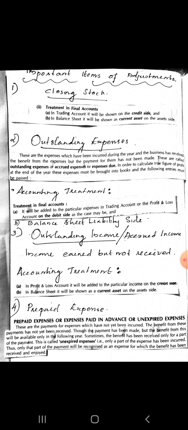Sometimes the benefit has been received only for a part of the payment. This is called unexpired expenses, that is, only a part of the expense has been incurred. Thus, only that part of the payment will be recognized as an expense for which the benefit has been received and enjoyed. Treatment: in profit and loss account, it will be deducted from the particular expense on the debit side. In balance sheet, it is shown as a current asset on the asset side.